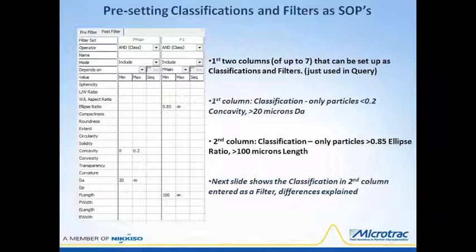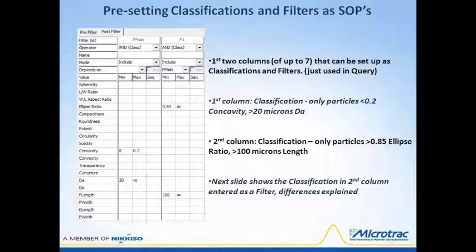These are the first two columns of up to 7 that can be set up as classifications and filters. Here we've set up the same two we just used in the query in the View Particles display. In the first column, we have a classification which will report only particles with less than a 0.2 concavity and greater than 20 microns in area equivalent diameter.